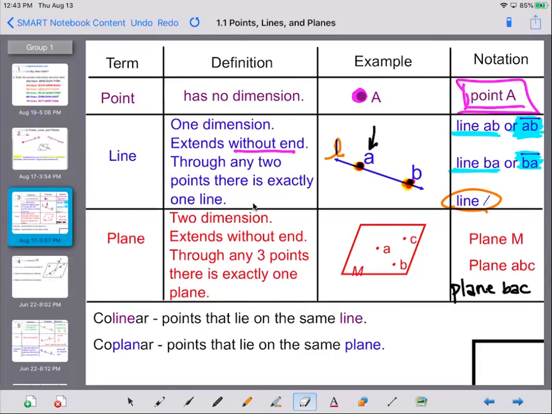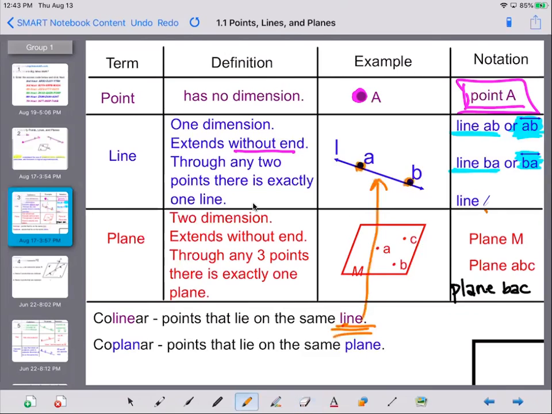And then coplanar, you can probably guess, has the word plane in it, is going to be points that are on the same plane. So an example of that would be, if we looked right up here, points A, B, and C are all coplanar. Can you locate some points that are collinear? How about up here? Points A and B are collinear because they're on the same line.